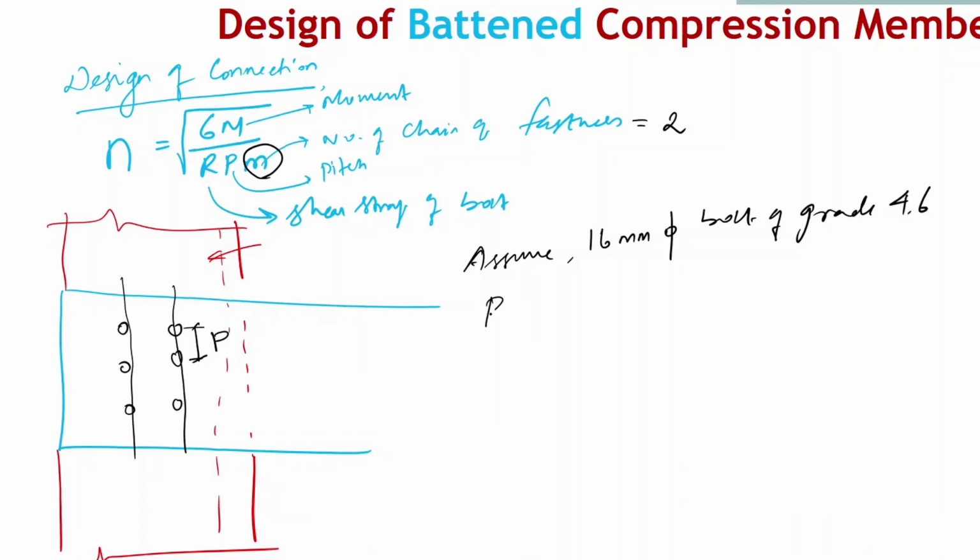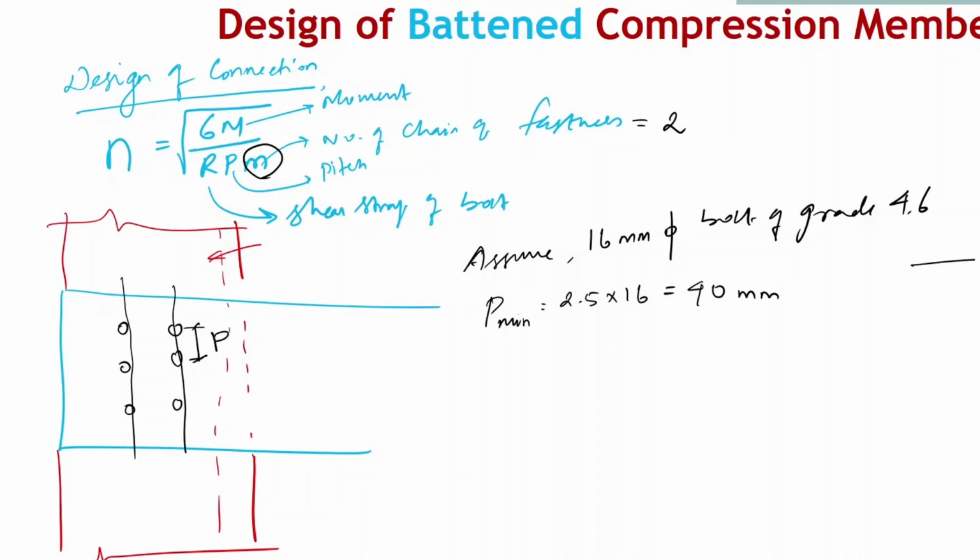That means my minimum pitch to be provided is 2.5 times the diameter, 16. So the minimum pitch I have to provide is 40 mm. That is the minimum pitch I need to provide.